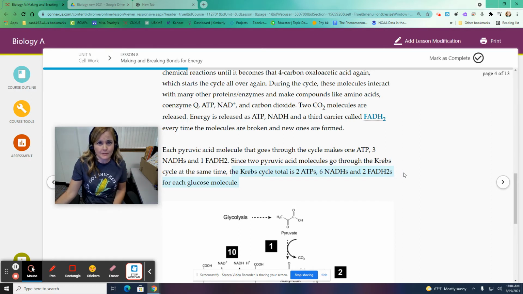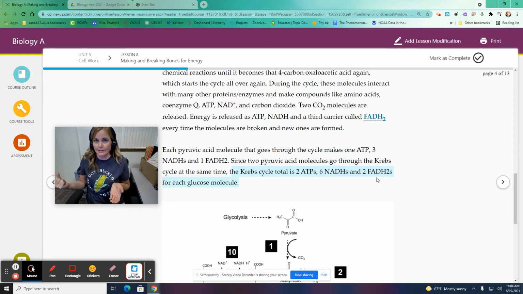Again, if you don't remember that they're called NADH or FADH2, that's fine. Just note that they're also making other molecules that carry, these are electron carriers. So they're like molecules, their sole purpose is just to hold on to a bunch of electrons. And so they take those electrons someplace else, and they're going to be used in the next step of aerobic respiration.